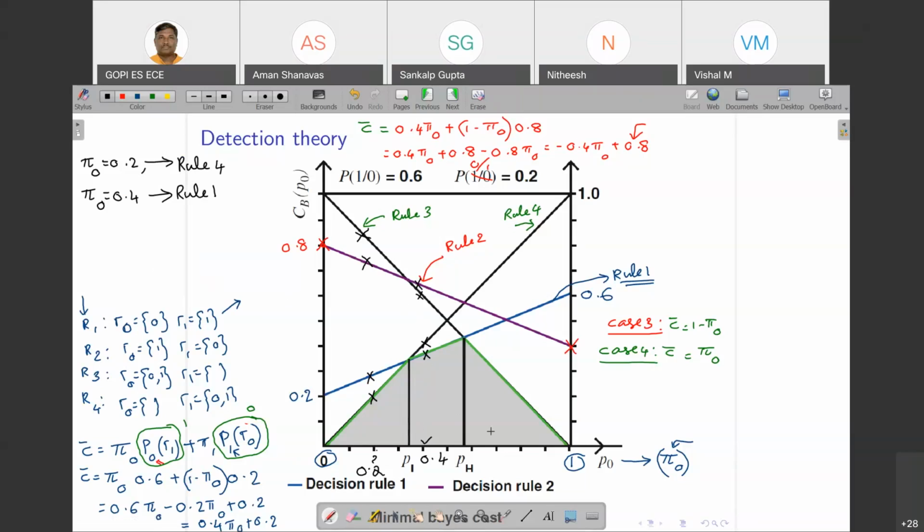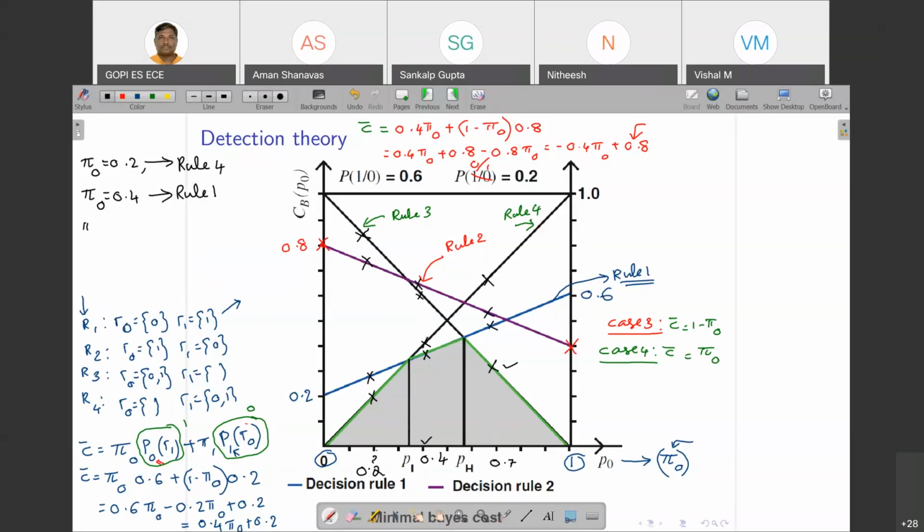Now we can choose something like 0.7. At 0.7, I have these 4 values, and among all the 4, this is going to be the minimum, which is rule 3.